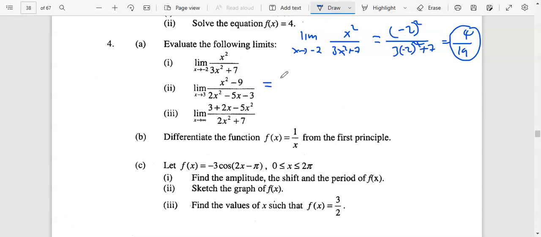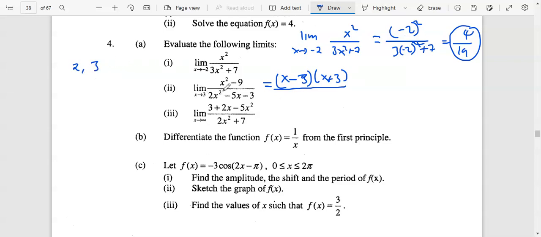On top, we have a difference of two squares, so that will become x minus 3 and x plus 3. In the denominator, the product is 6 and the sum is negative 5. Two factors, 2 and 3, they are supposed to be.